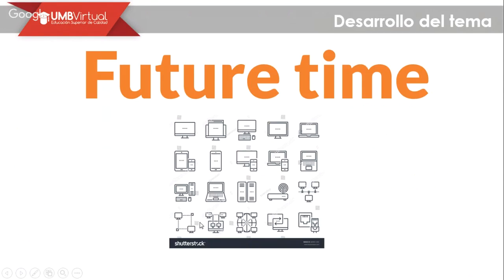If you can see this picture, you say, oh, technology is a very important area right now for the world, because there are a lot of devices, there is a lot of information in terms of what kind of things are going to be updated, and then we are going to use in terms of quality, in terms of the way they work, and all of those characteristics are very important to take into account at the moment you really want to focus on one action that is going to be expressed in the future.